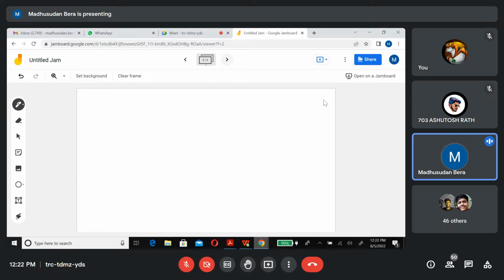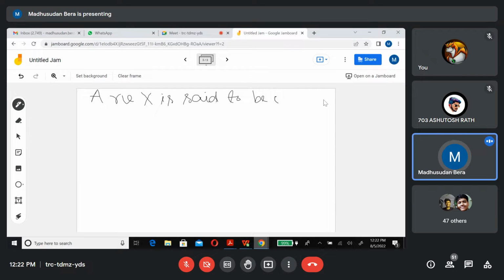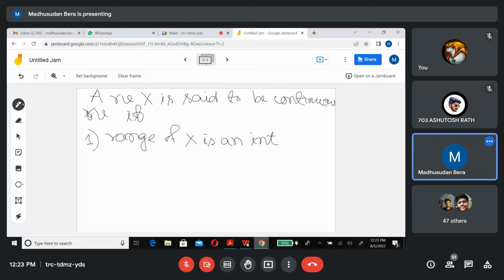A random variable X is said to be a continuous random variable if two conditions hold. First, the range of X is an interval, meaning an interval on the real line, a line segment on the real line, with all values within it. Or it is a union of disjoint intervals, so this one plus this one, this portion, that way.